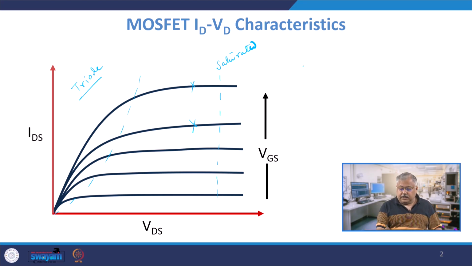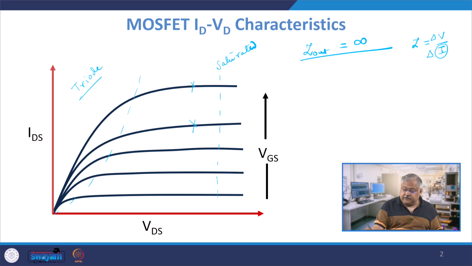One is that its output resistance or output impedance will be infinitely large. Why? You see, how do you define output impedance? It is given as V by I, any voltage by current. But since the current variation, del V by del I, is 0, you are not varying any current, it is almost a straight line.